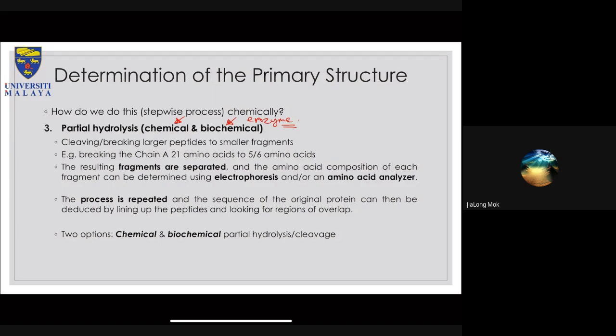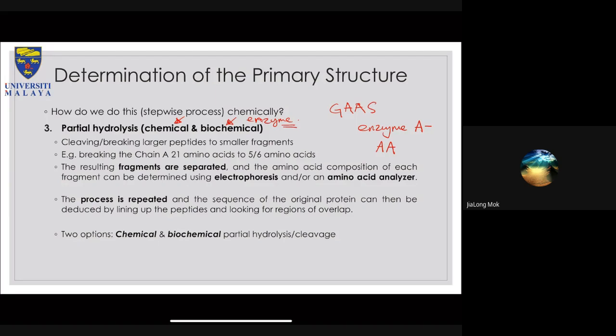Say, for example, if your sequence has alanine and then serine, and glycine, something like this. And you know that enzyme A cleaves only at sequence A and A. So it only cleaves at this particular sequence and no other sequence.